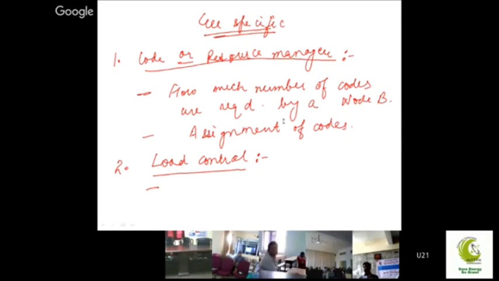It handles the number of users, that is, how many users a single Node B can handle. These are all controlled by the load control in the cell specific functions.